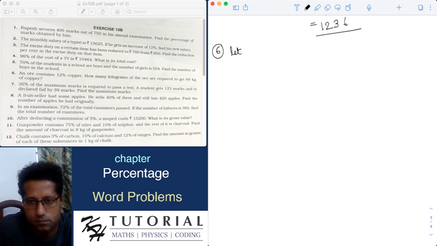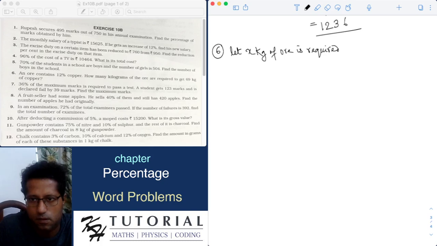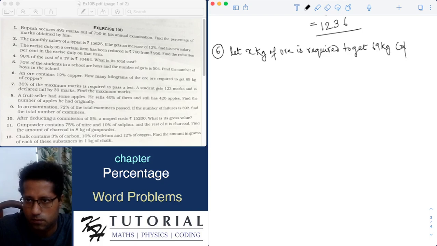So let x kg of ore be required to get 69 kg of copper.